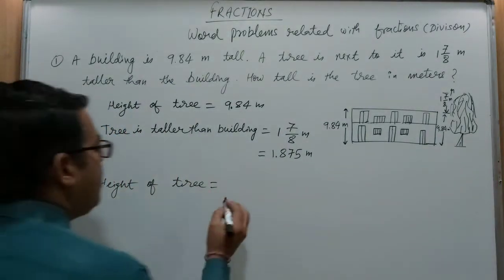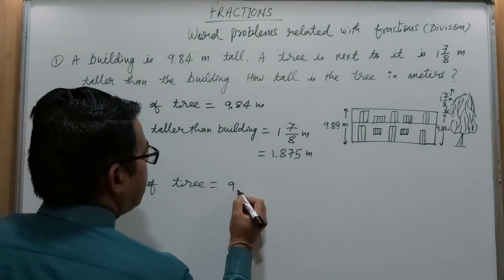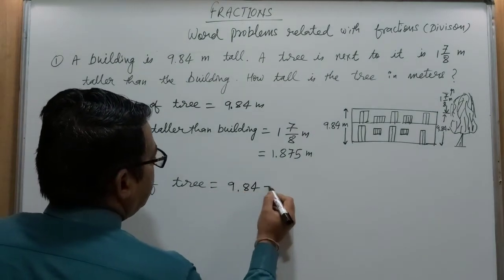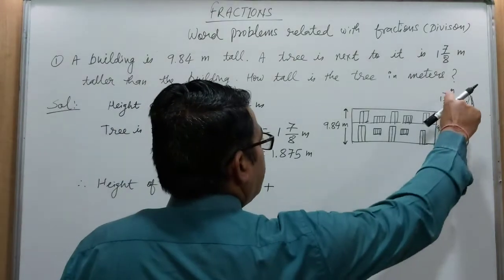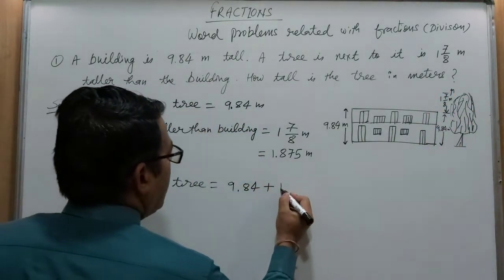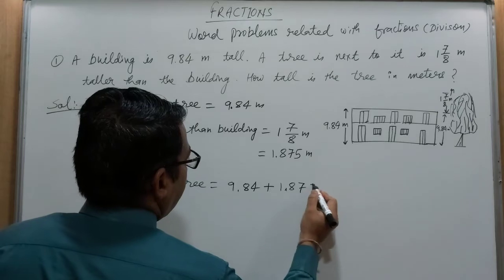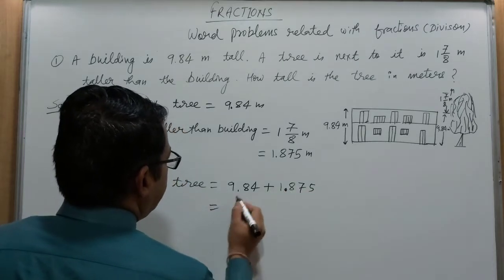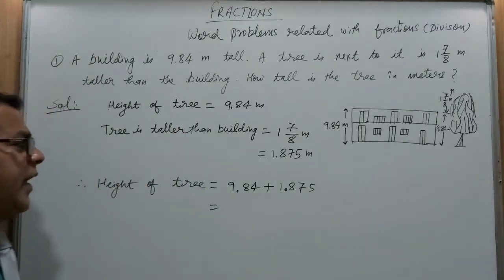So the height of the tree will be the height of the building, that is 9.84, plus this one, that is 1.875. In this way you can find the height of the tree.